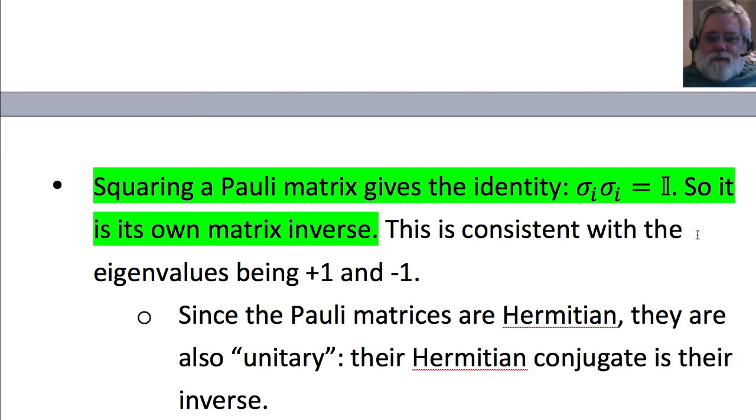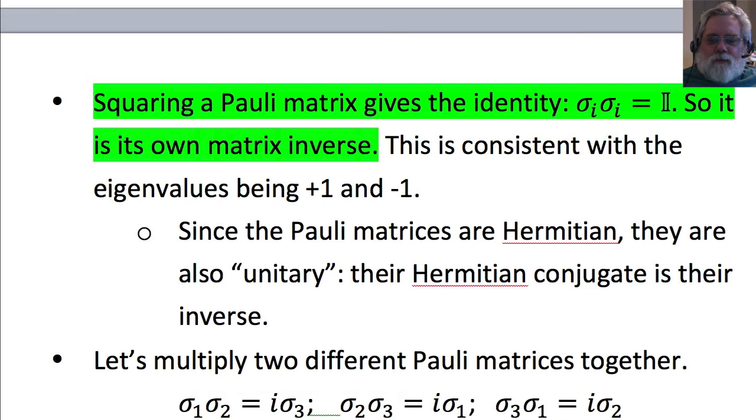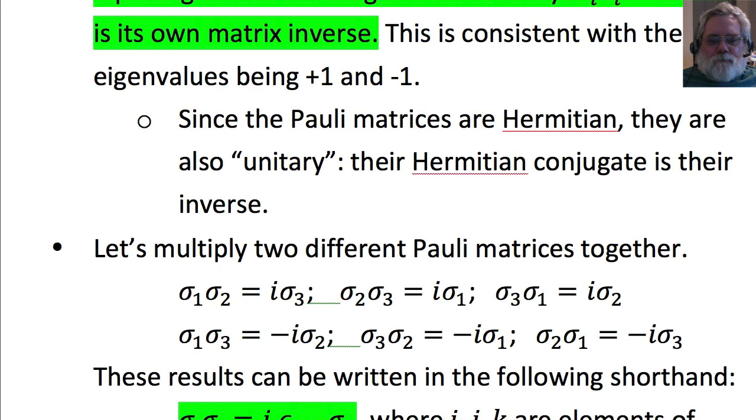The Pauli matrices are also Hermitian, and so if they're Hermitian and they are their own inverse, they also are what is called unitary. Their Hermitian conjugate is their inverse. We're not going to need that in our course.